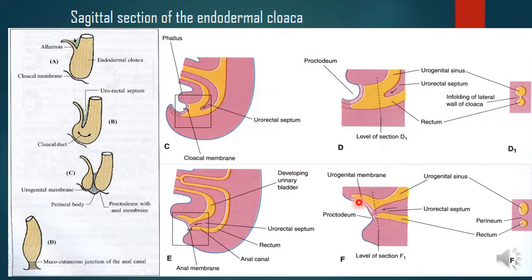So anteriorly the ectodermal cloaca is forming the urogenital membrane or the primary urethral groove, and posteriorly it is forming the anal pit or the proctodeum. So this division occurs when the urorectal septum comes and fuses with this ectodermal cloaca, dividing it into two parts, right?